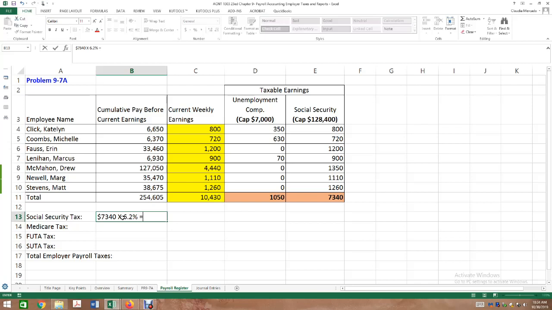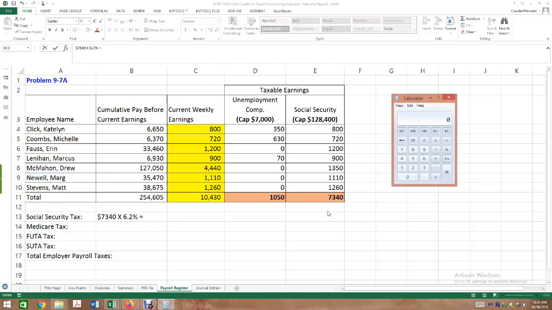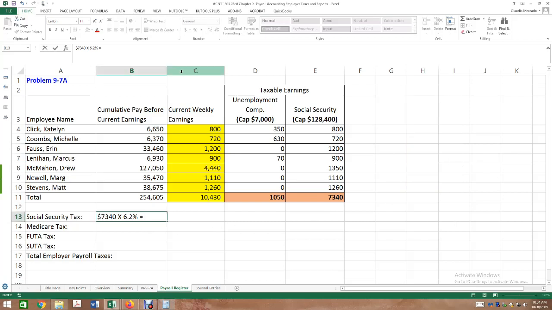So I'm going to get my calculator out. 7,340 times 6.2% is going to give me $455.08. So that is the amount of Social Security tax your employer has to pay.